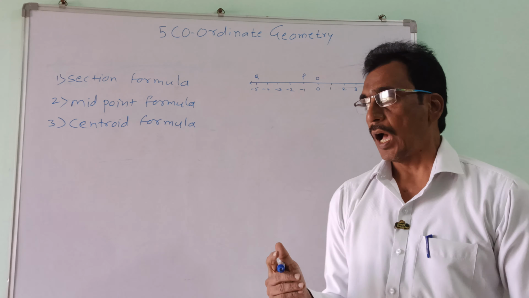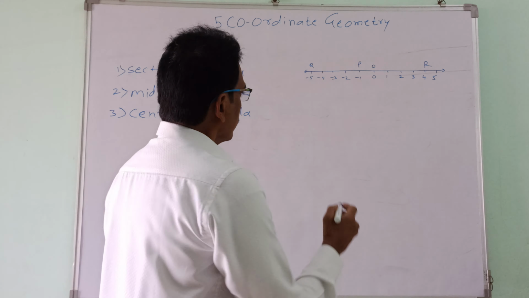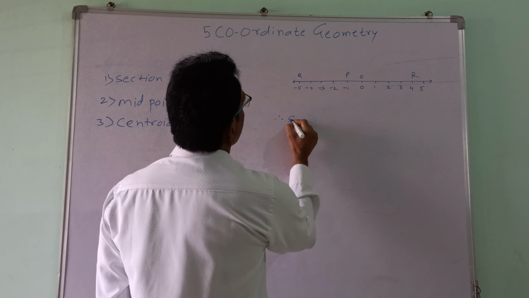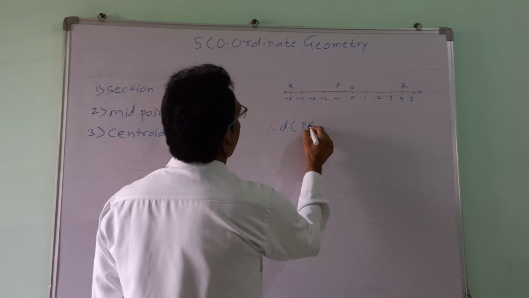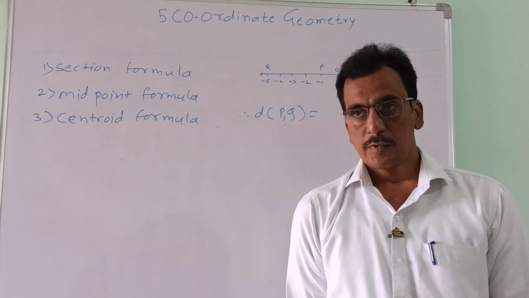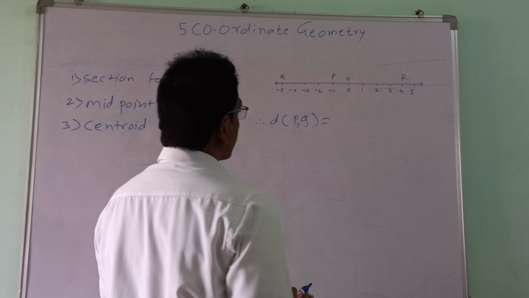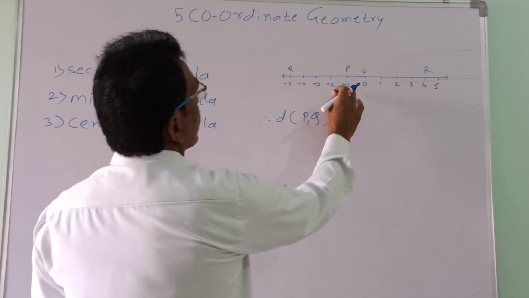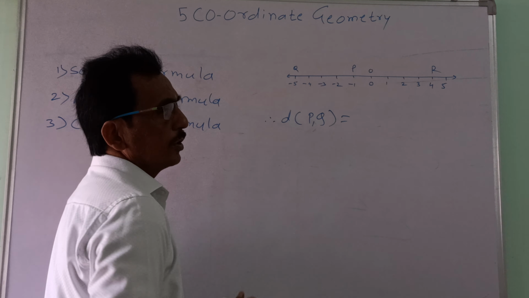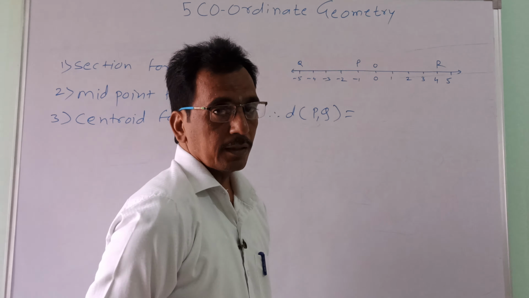And you know how to find the distance between 2 points. Suppose we want to find the distance between point P and Q. Then subtract the smaller number from the greater number. Here P is the greater number, so subtract -5 from -1.